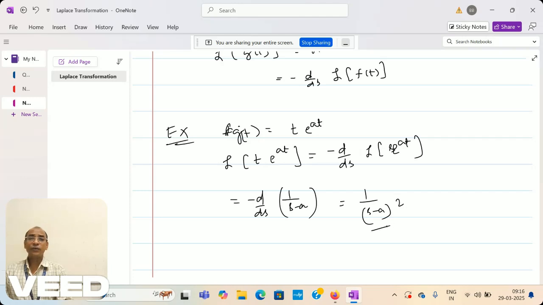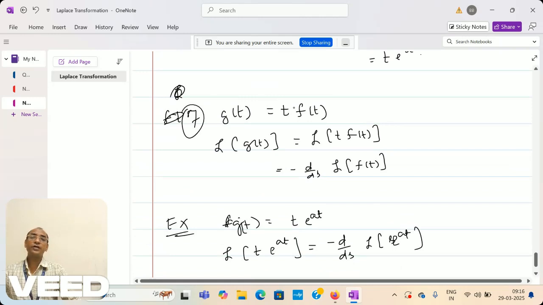So like that, we can find the Laplace transformation if the function is multiplied by t.